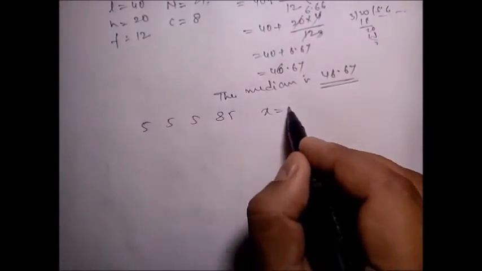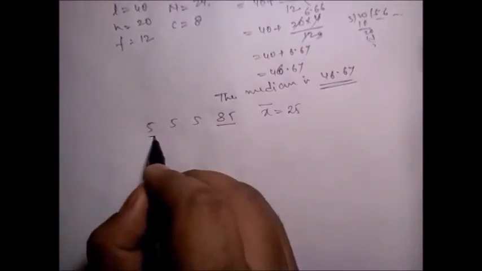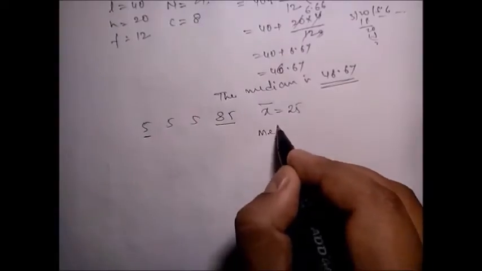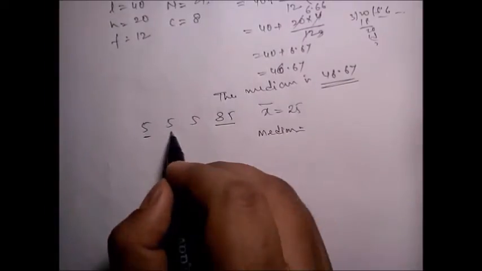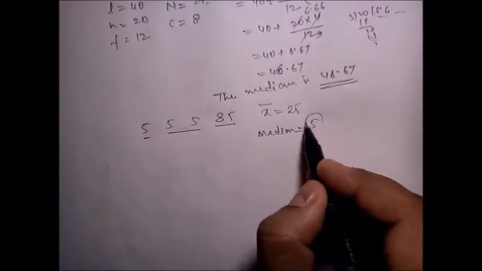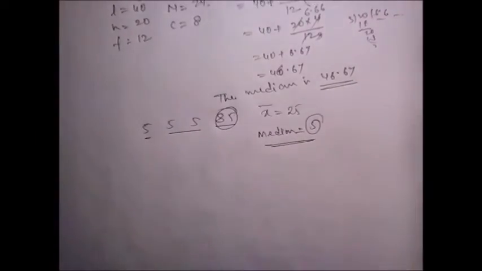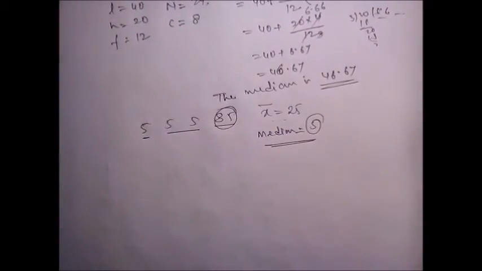The mean is 25, but the median is (5 plus 5) by 2, that is 5. So if extreme values are there, we have to calculate the median, because the median is not affected by extreme values, but the mean is affected by extreme values.